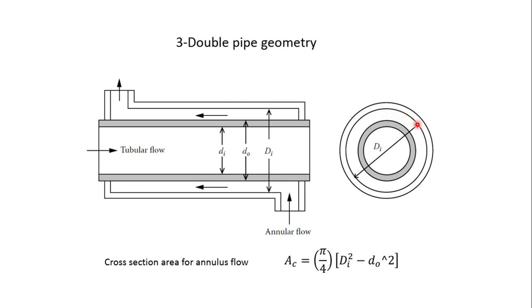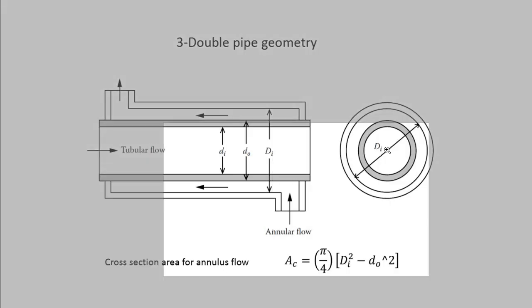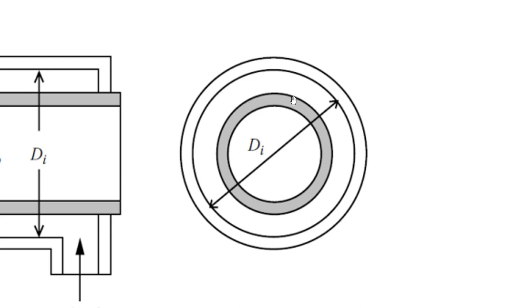What we can do is determine the cross-sectional area of the outer pipe using the inner diameter D i, and then subtract the area of the inner pipe using its outer diameter, right? Because from this point to this point, let me just zoom in, this is the available area for the flow in the annulus region.